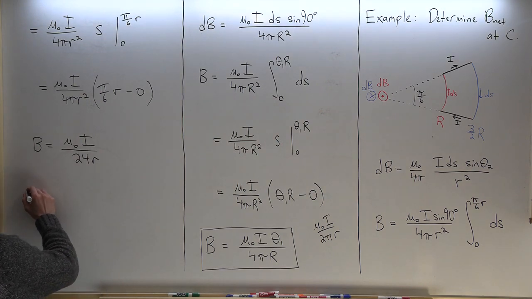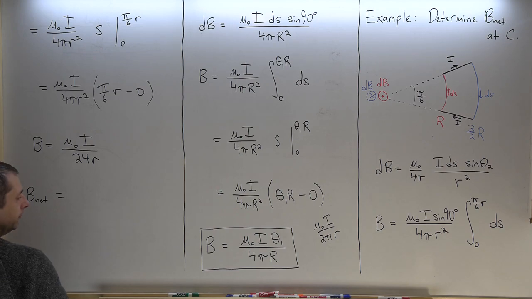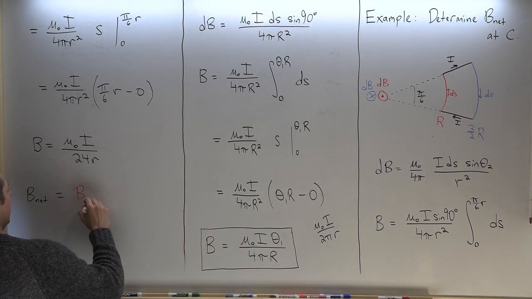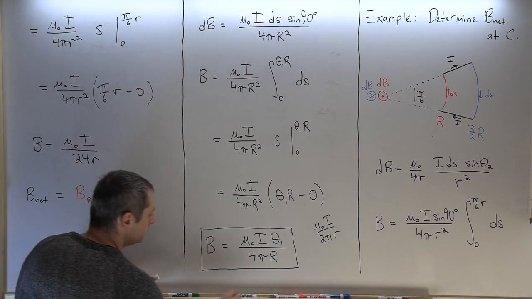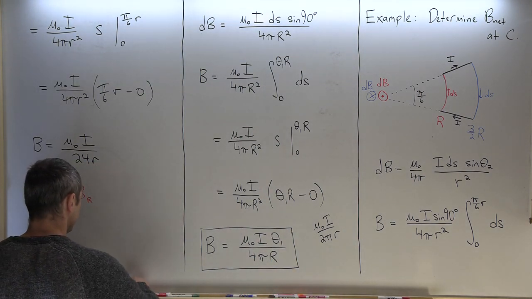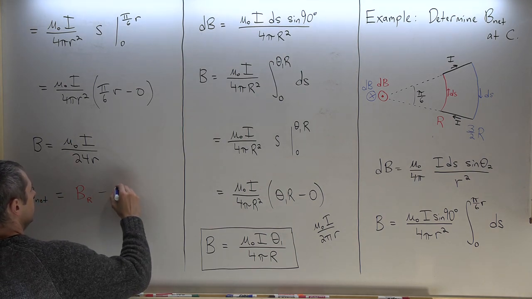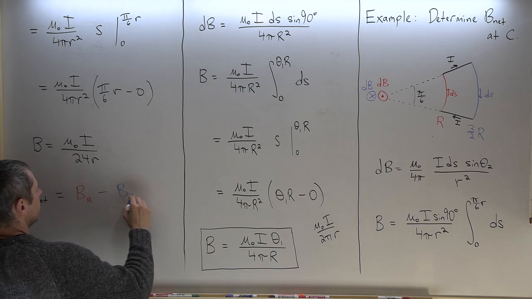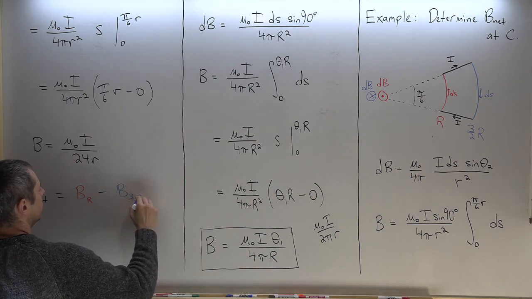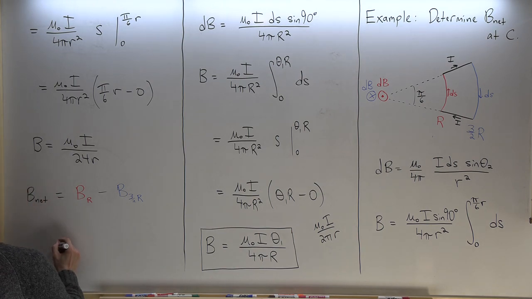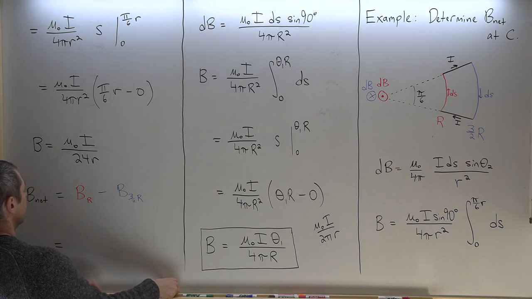I'll say maybe B net will equal the B at radius r minus the B at 3/2 r. And so, plugging in the pieces using this formula, we'll see.